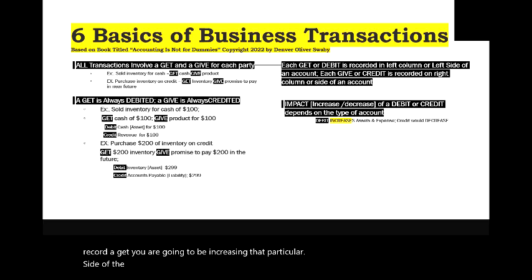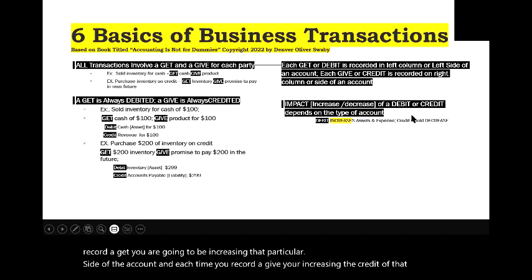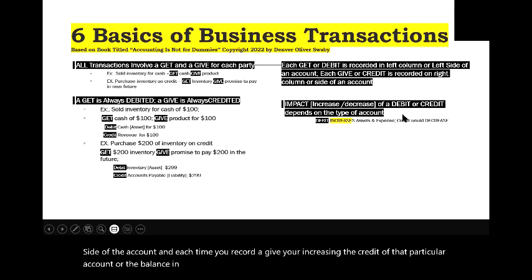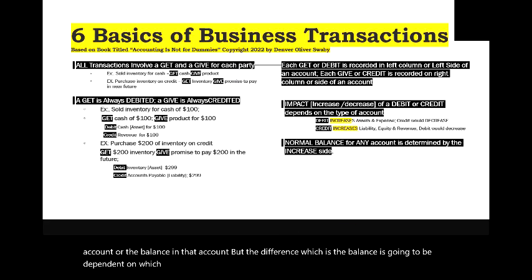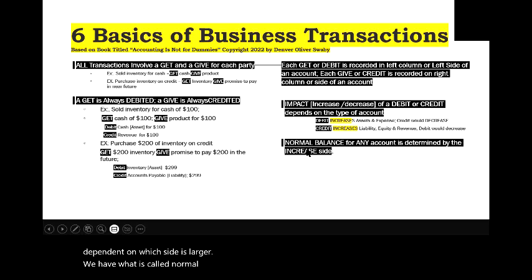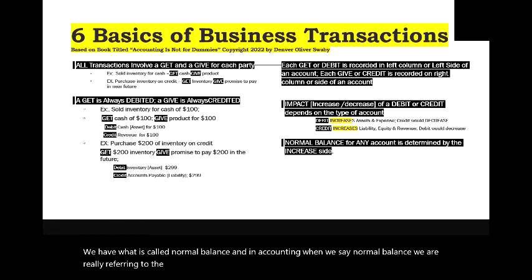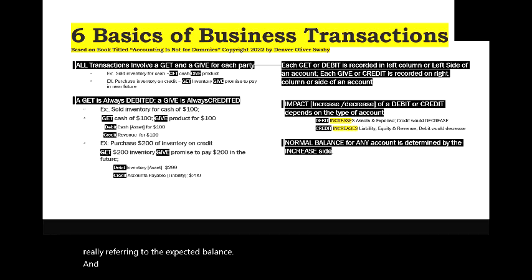And each time you record a give, you're increasing the credit of that particular account. But the difference, which is the balance, is going to be dependent on which side is larger. We have what is called normal balance. And in accounting, when we say normal balance, we are really referring to the expected balance. And so what would you expect?